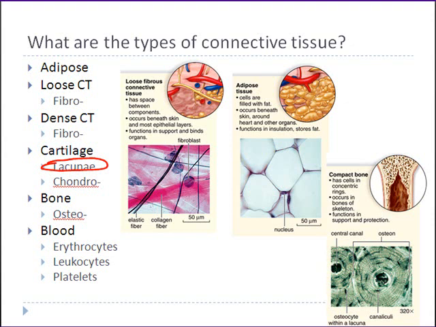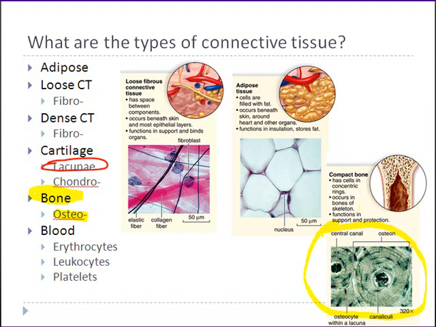The next type of connective tissue up is bone tissue. And we refer to cells in bone tissue as either osteoblasts or osteocytes. Here's a picture of a slide of compact bone tissue. We'll be learning more about that in A&P 1 and 2, mostly 1.